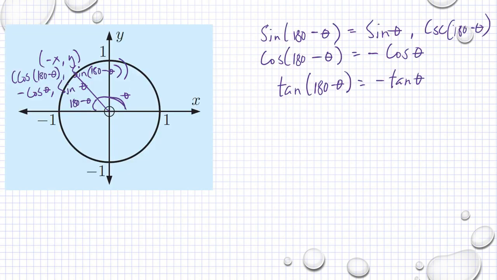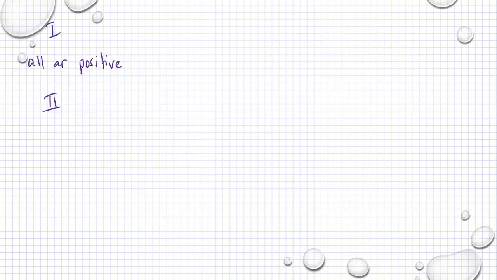All 6 are positive. Second quadrant, what did we say for the second quadrant? Only sine theta and cosecant theta are positive.